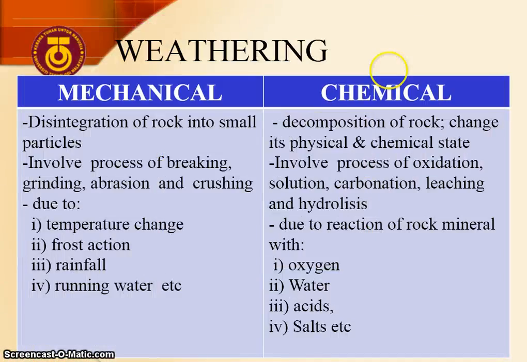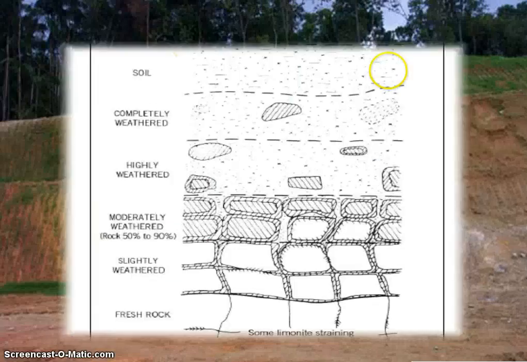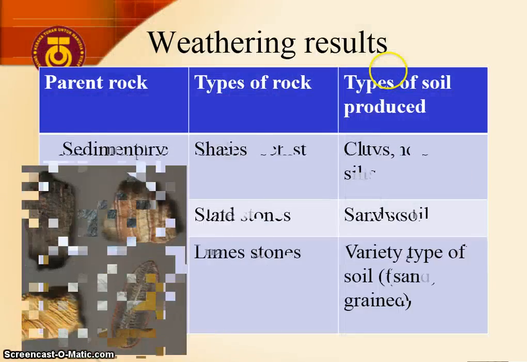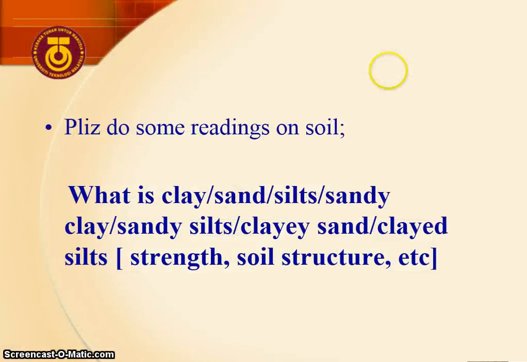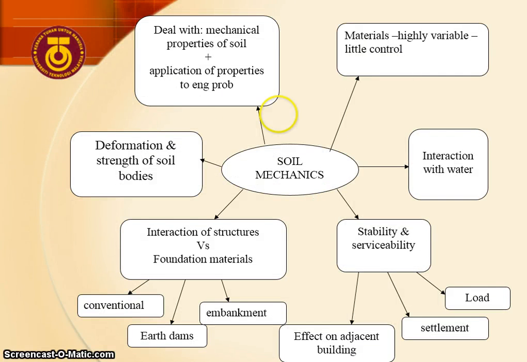So let's jump to the last slide. I just want to give a big picture on soil mechanics. So next in our courses, we will see the soil mechanics, especially their composition. Why in the next chapter do we want to see the soil composition?